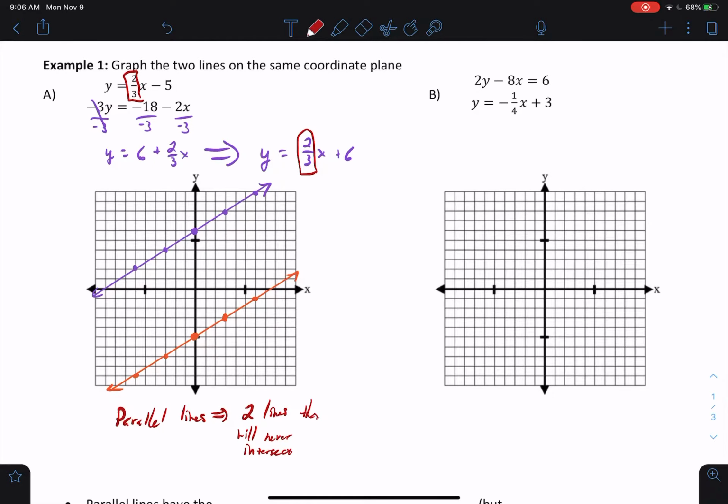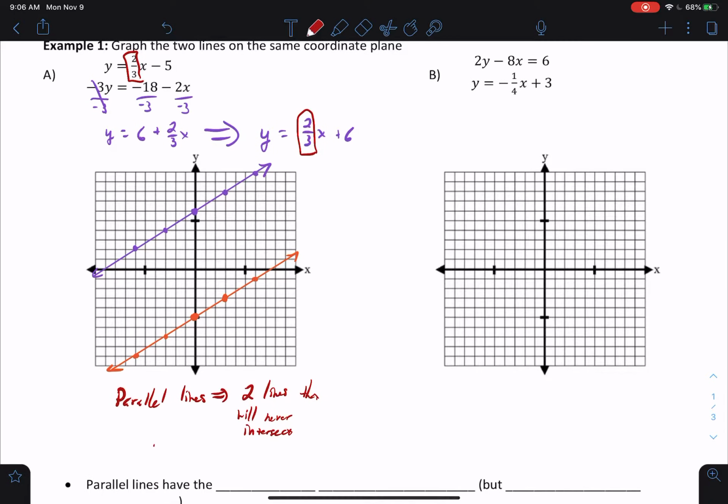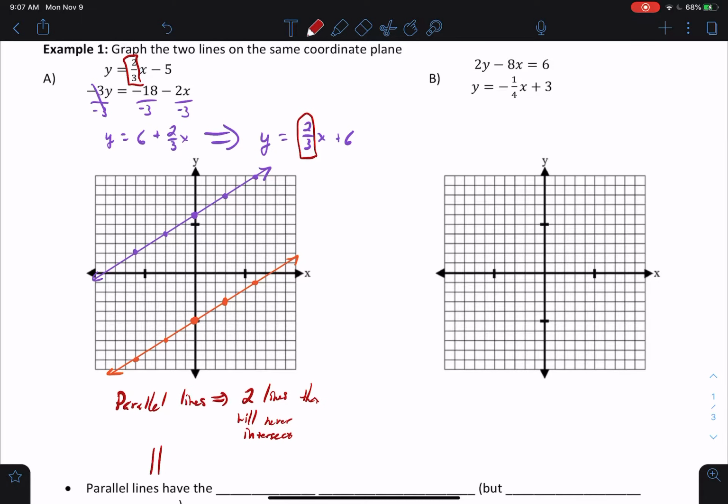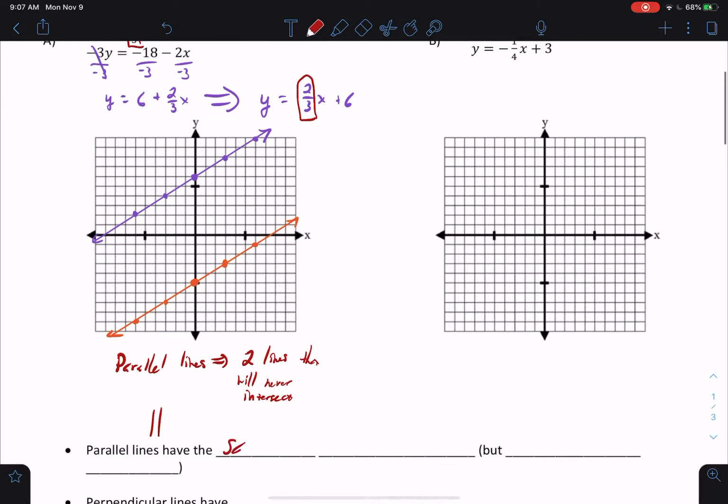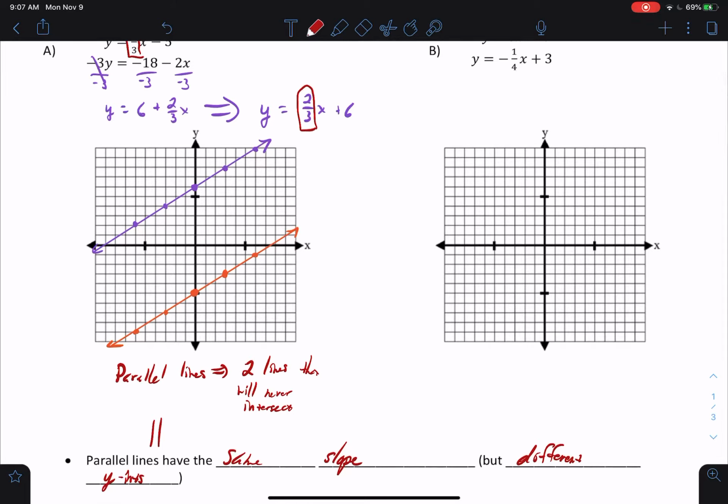And the symbol for parallel is two vertical lines up and down. So parallel lines have the same slope but different y-intercepts. They need to have different y-intercepts or else we're going to be talking about the same exact line.